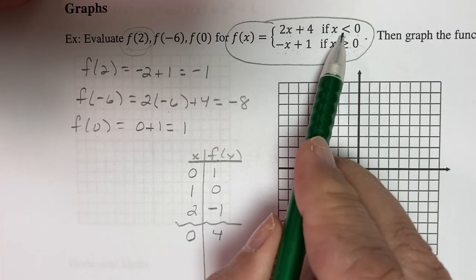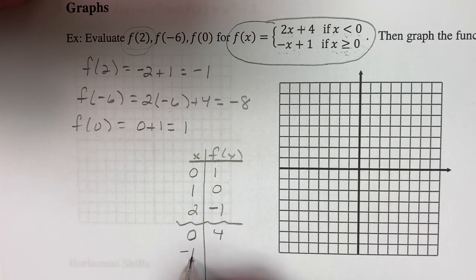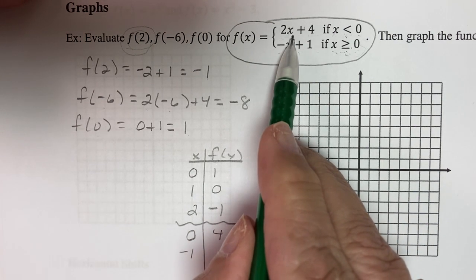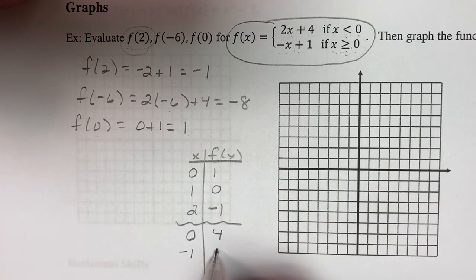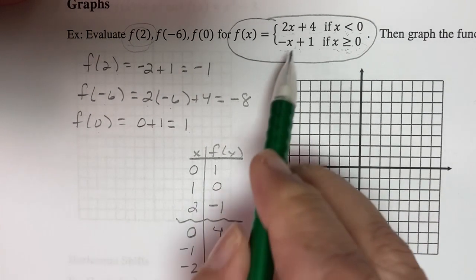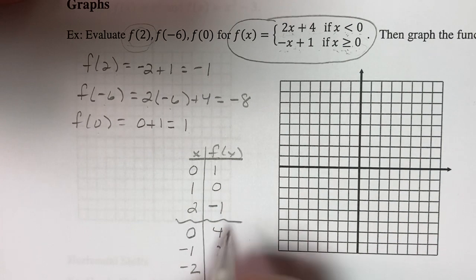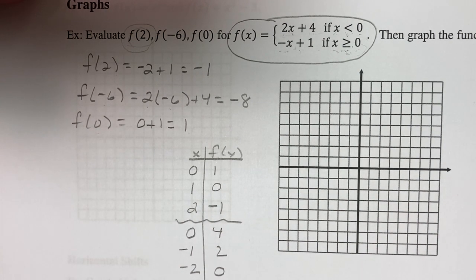Now I want to go to things less than 0. So let's plug in negative 1. If I plug in negative 1, 2 times negative 1 is negative 2 plus 4 is 2. And let's plug in negative 2. If I plug in negative 2, 2 times negative 2 is negative 4 plus 4 is 0.